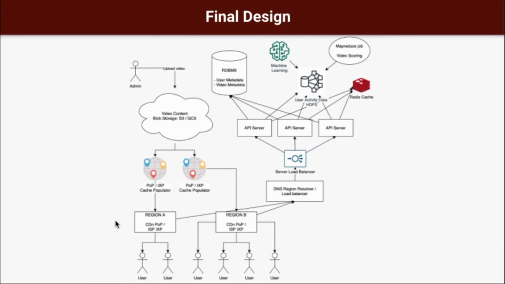And when particular users from a particular region, for example region A, try to access the video, it will be served by this CDN or IXP, the Internet Exchange Point, provided by the ISP. And let's assume we have a client app.